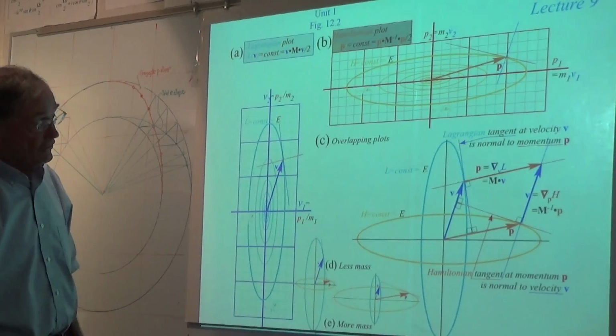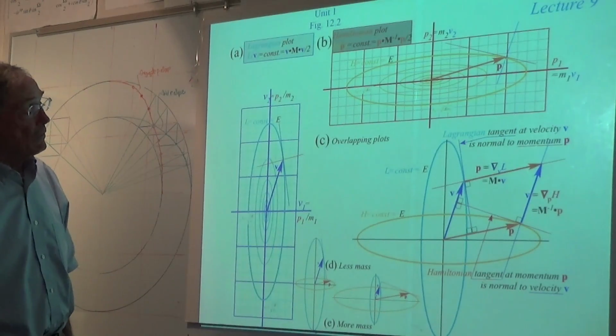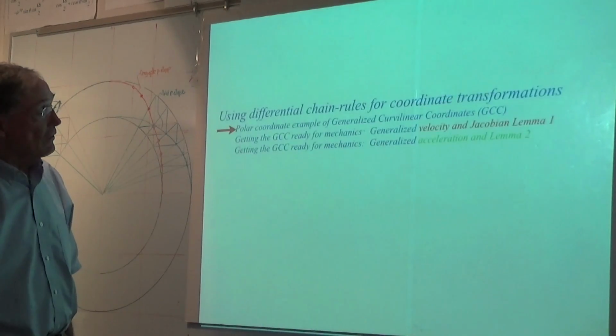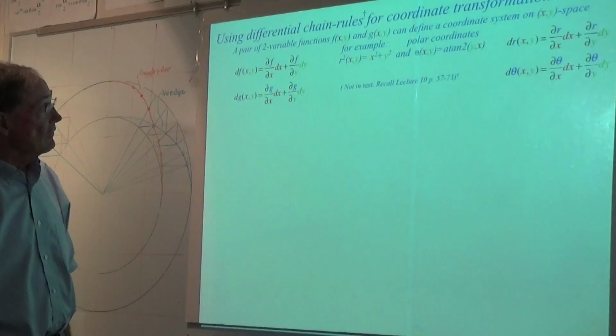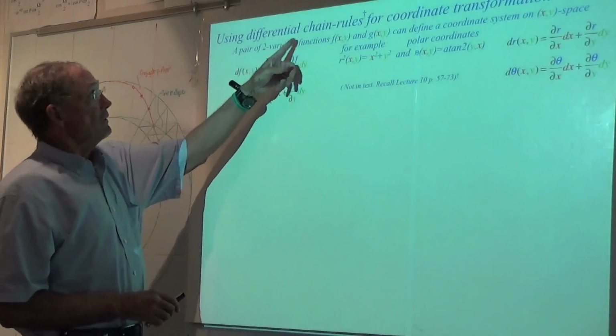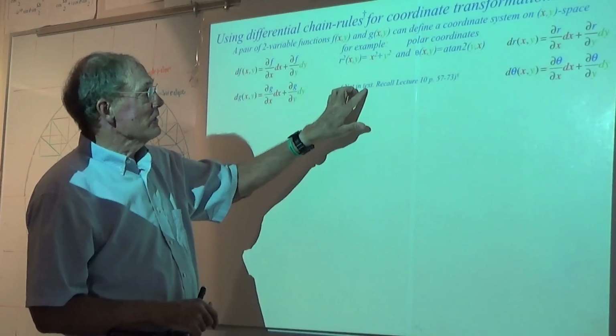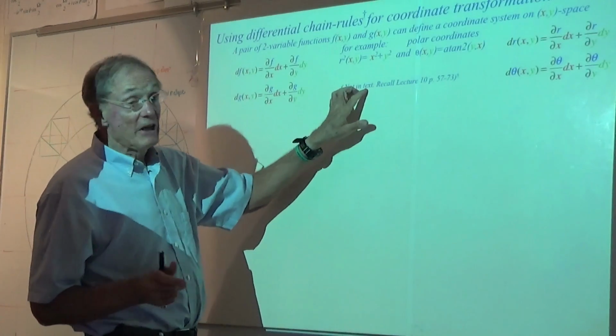And this is the geometry of it, which we will not see that much of in the work that we do today. So it's off to the races right now, using differential chain rules. Now these are Cal 2 things that are not in the actual text.